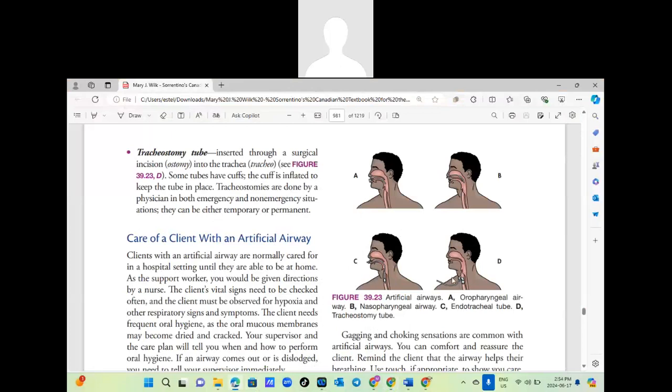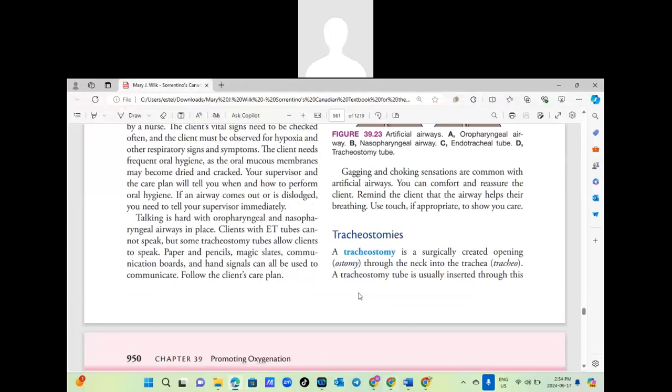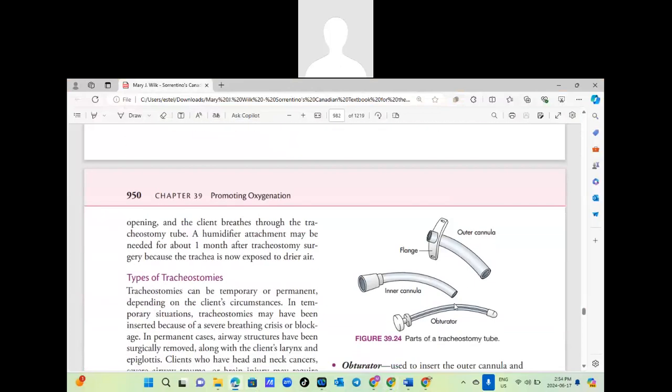So let's see here in your book. Tracheostomy. All right. So this is the outer cannula. This is the inner cannula. And this is the obturator. So again, the obturator is used to insert the outer cannula and then it is removed.